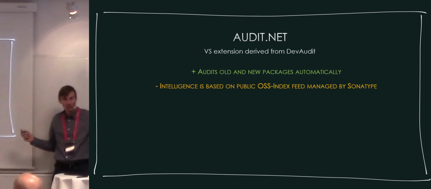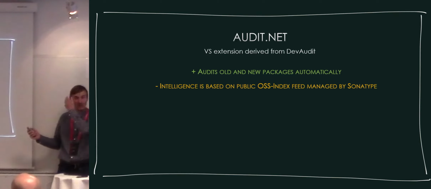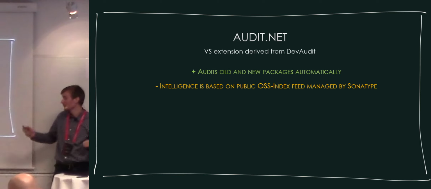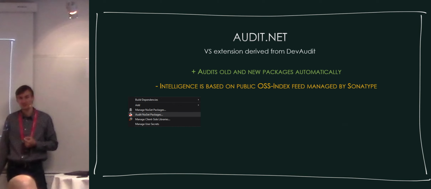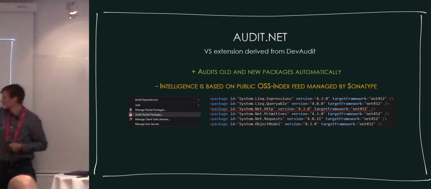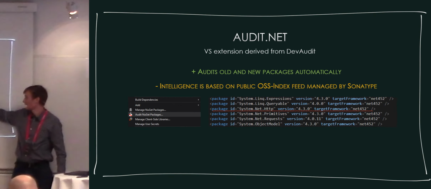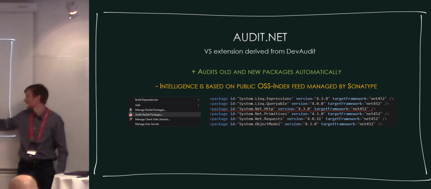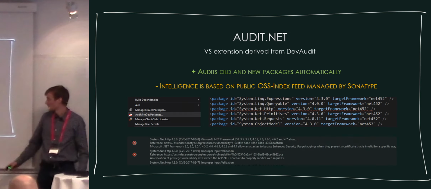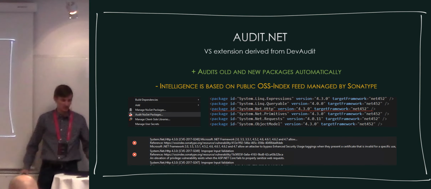So when you restore the packages, like NuGet restore, or build, you get the output. This is how the context menu looks, this is the addition, and this is how it looks if the package is not right. Let's say this .NET HTTP is wrong, and then you get errors. Awesome.